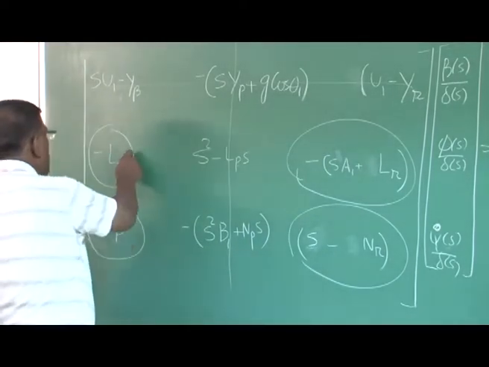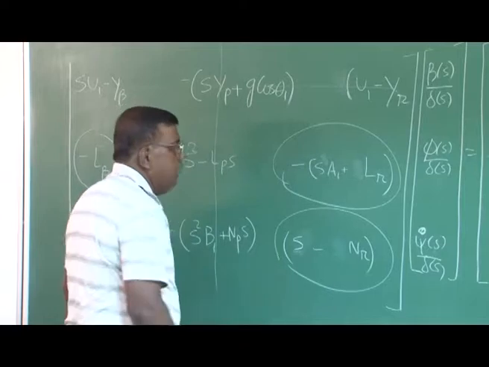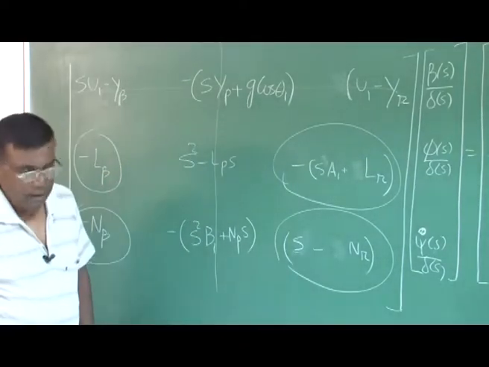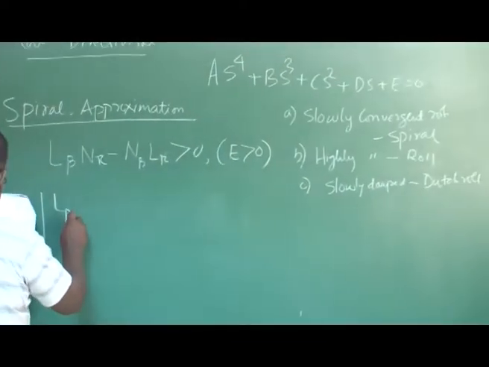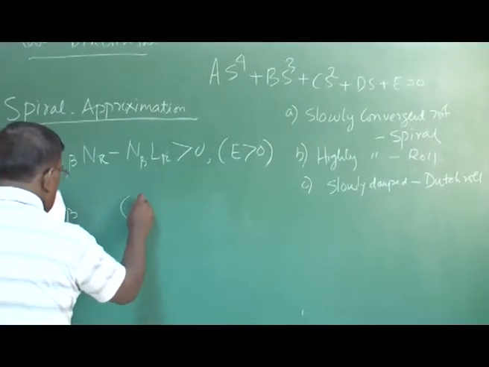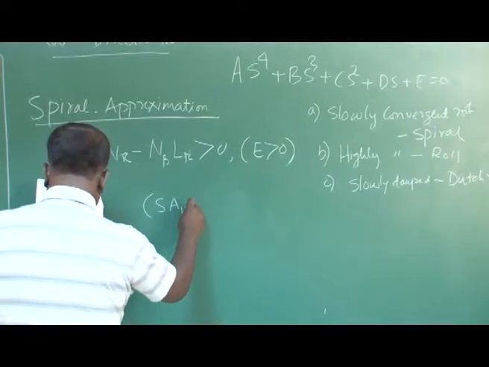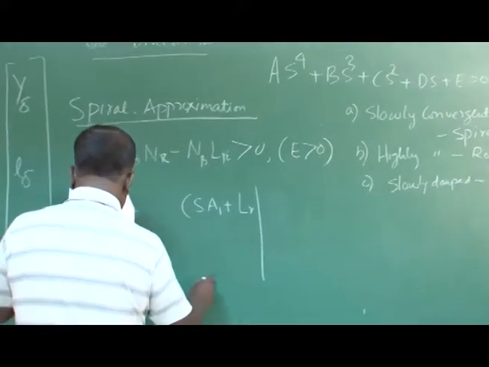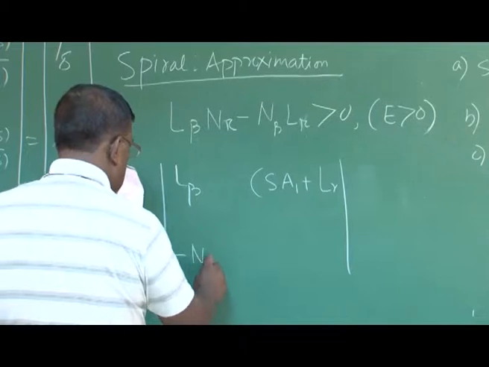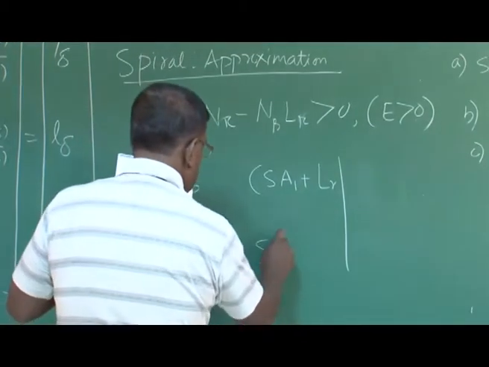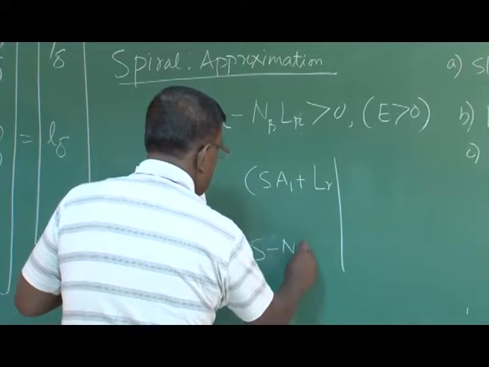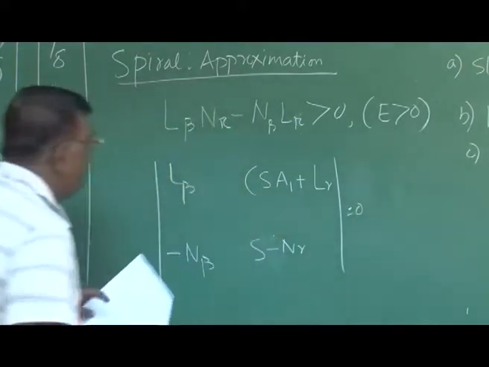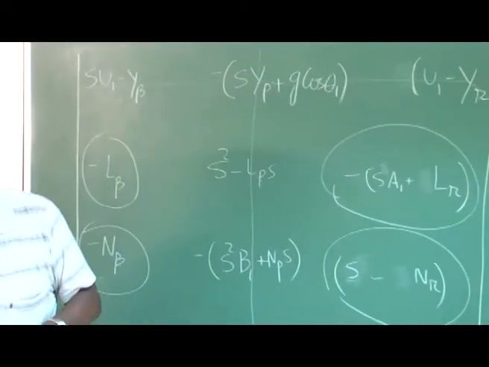So we have a smaller determinant which will have a structure like this: L beta, s minus Lr, minus N beta, s minus Nr, equal to 0. That becomes my characteristic equation.